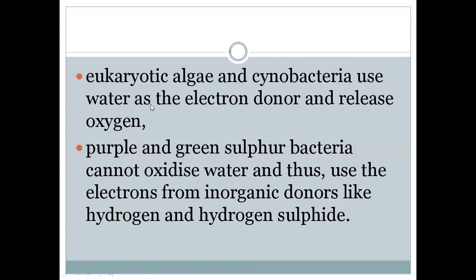In the same way, when oxygen is not released as a byproduct of photosynthesis, it is called anoxygenic photosynthesis.